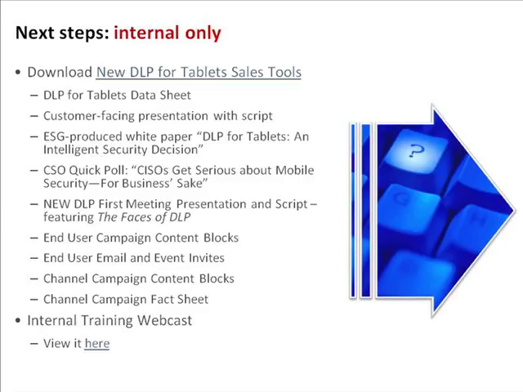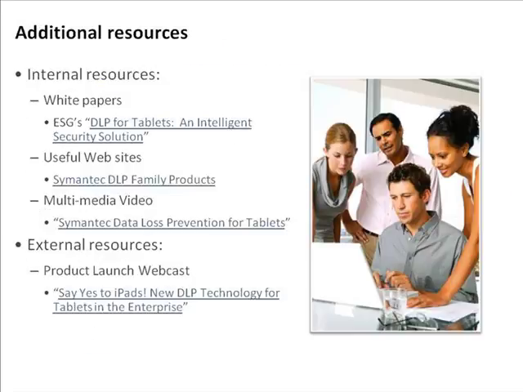It also contains the new first meeting deck, and that has a specific slide in there for DLP for Tablets. And then some of the tools that we have created for communicating with our end users and our channel partners. You can also access training webcasts that we provided back in November. And then additional resources which are available to you on Score.